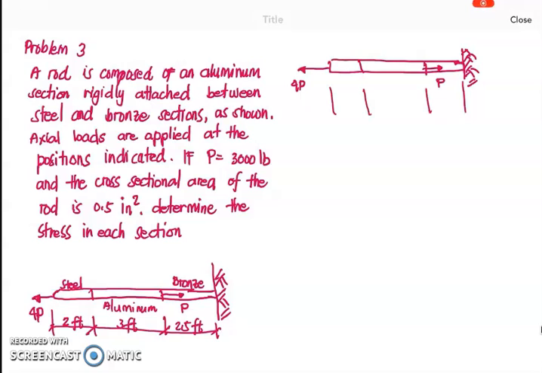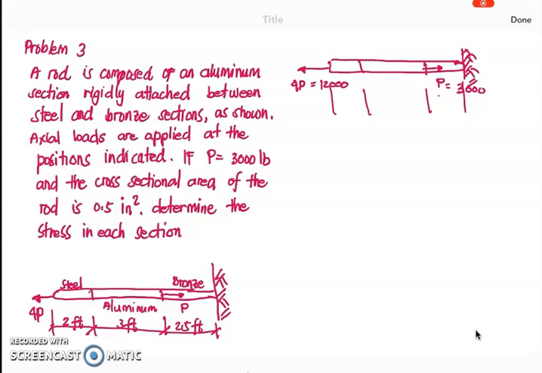So for this one, you have your 4P indicated as 4P and you have your P at the end of the aluminum section. If P is equal to 3,000, then 4P can be equivalent to 12,000. And of course, this one is equal to 3,000.